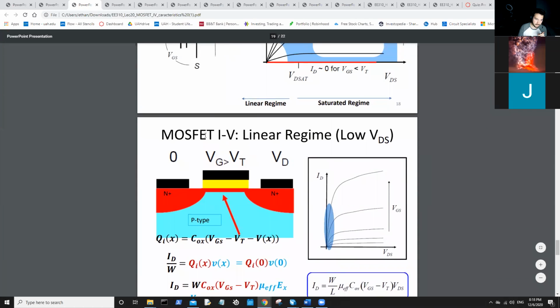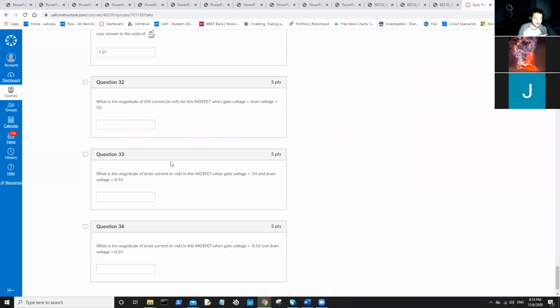So this is saying MOSFET, linear regime, low VDS. VDS referring to the voltage on the drain, which in this question is given to us as 5 volts. So this is the same as the gate, but then the next question is asking the same thing with a drain voltage of 0.5.